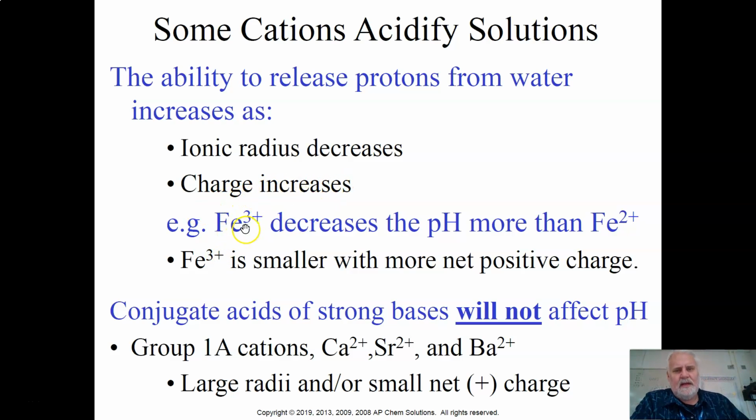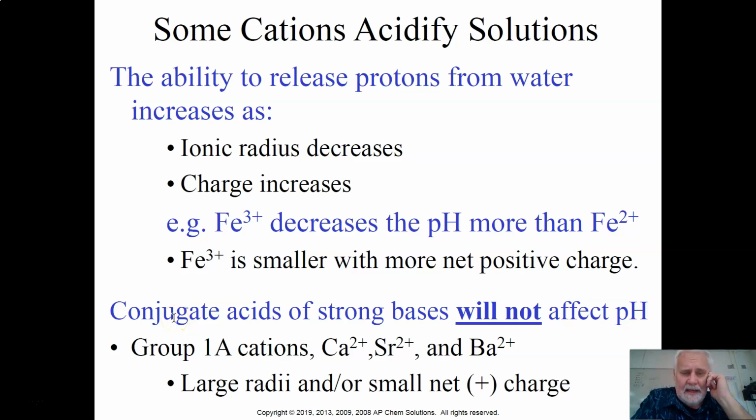So in other words, because of that statement, iron plus 3 decreases the pH more than iron plus 2. Iron plus 2 just doesn't have that ability to form that beautiful little complex with the 6 water molecules. And also, Fe plus 3 is smaller with more net positive charges.